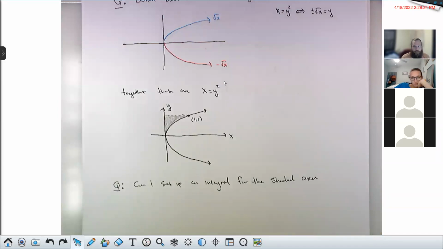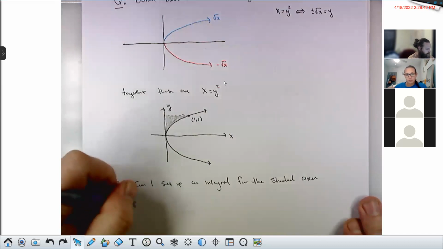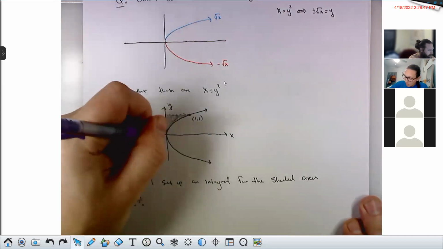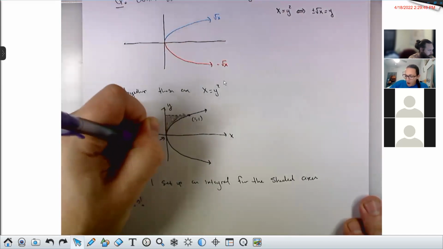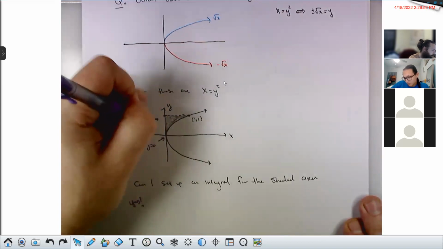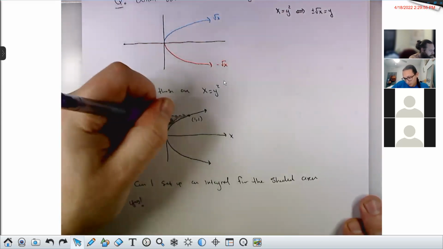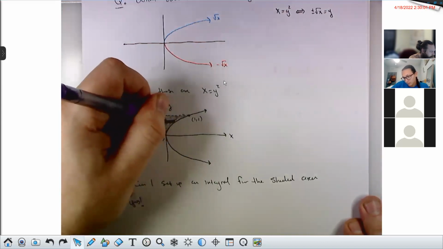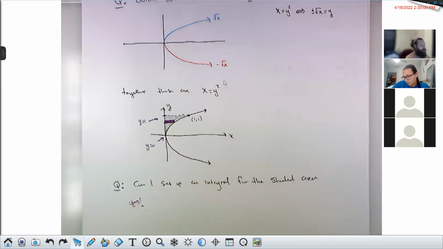Of course, the answer is yes, right? What we're really asking is how do you set up an integral for that shaded area? This would be the integral from this y value, which is y equals 0, up to this y value, which is y equals 1, thinking of the function as having little Riemann rectangles in here like this.